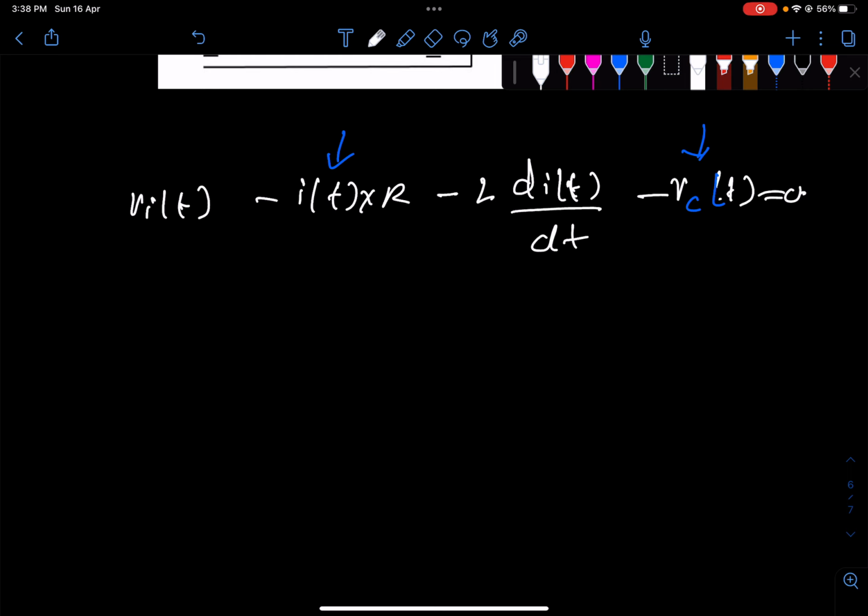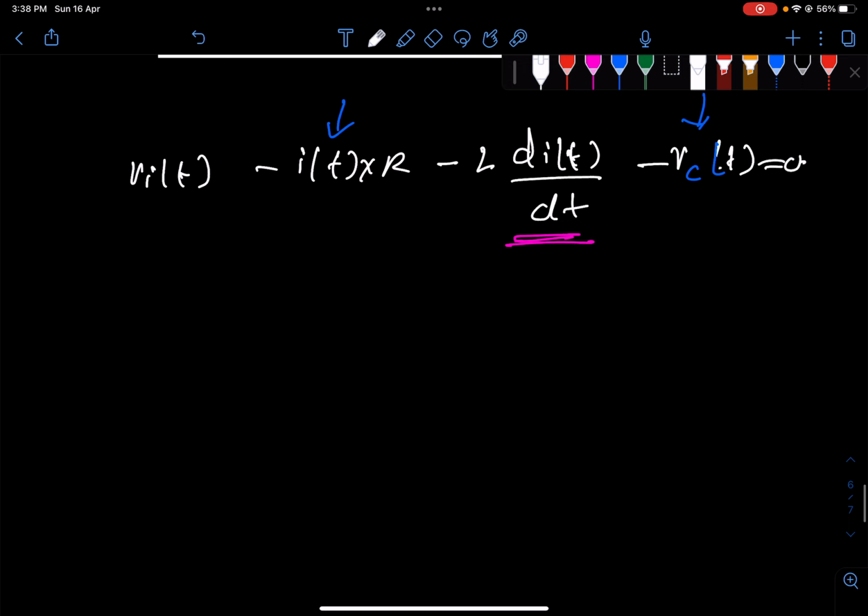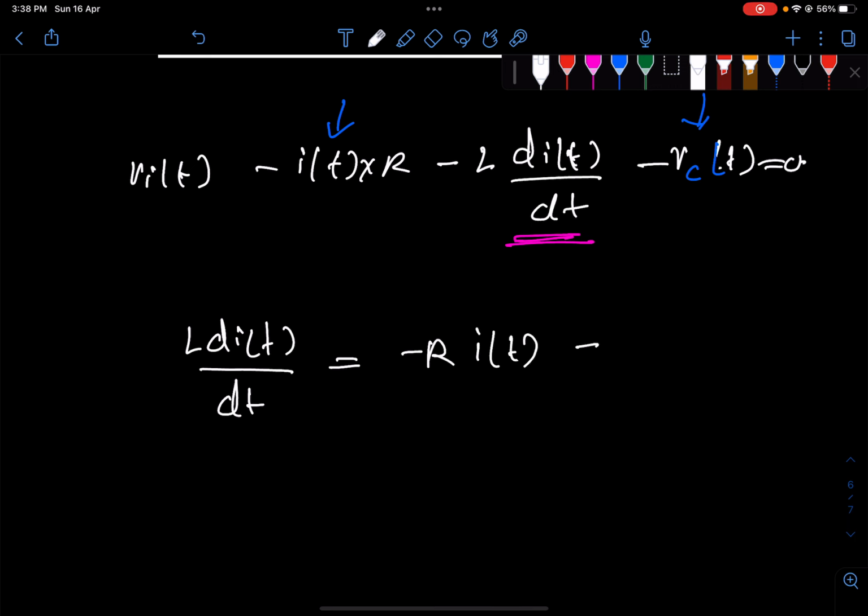So you keep the highest derivative on the left side and move all the other terms to the right side. So how will it work out? L di/dt is equal to minus R I of t minus Vc of t plus Vi of t.